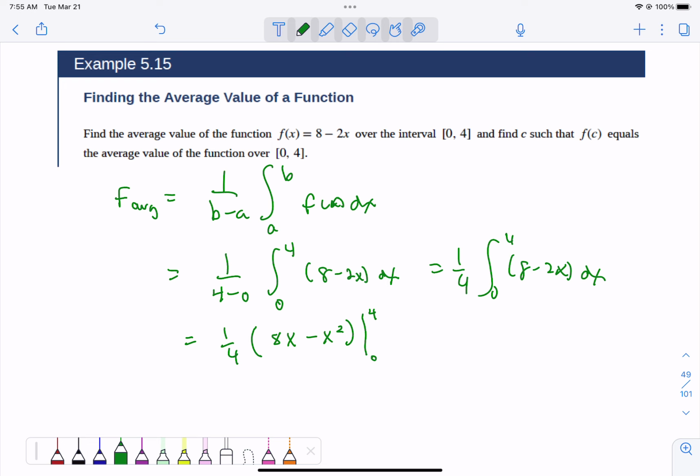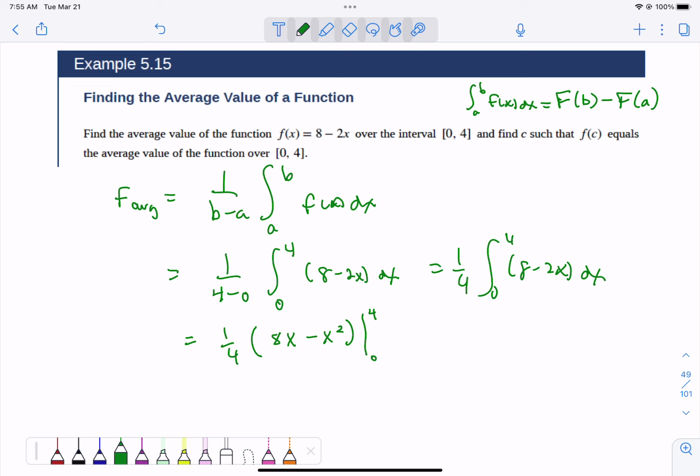Now, the way that this works is the integral from a to b is the antiderivative of b minus the antiderivative of a. So we can just take the antiderivative, plug in the upper bound, minus the antiderivative, plug in the lower bound. And we don't have to have the picture to find the area from 0 to 4.